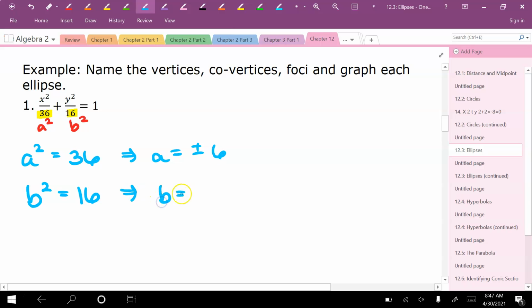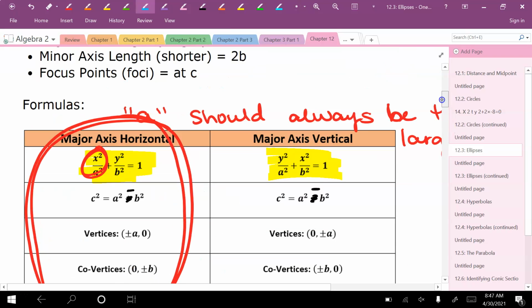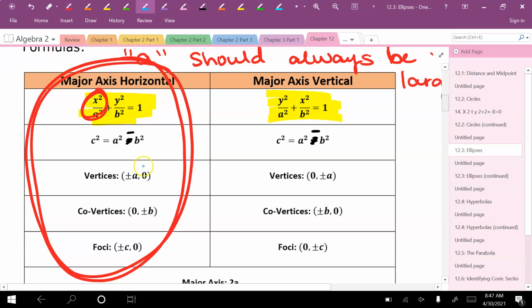And my b is going to be the square root of 16, so that's plus or minus 4.